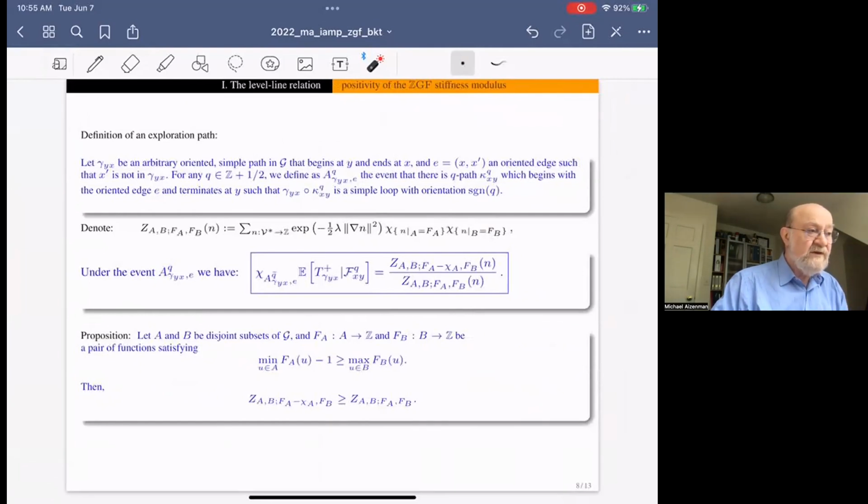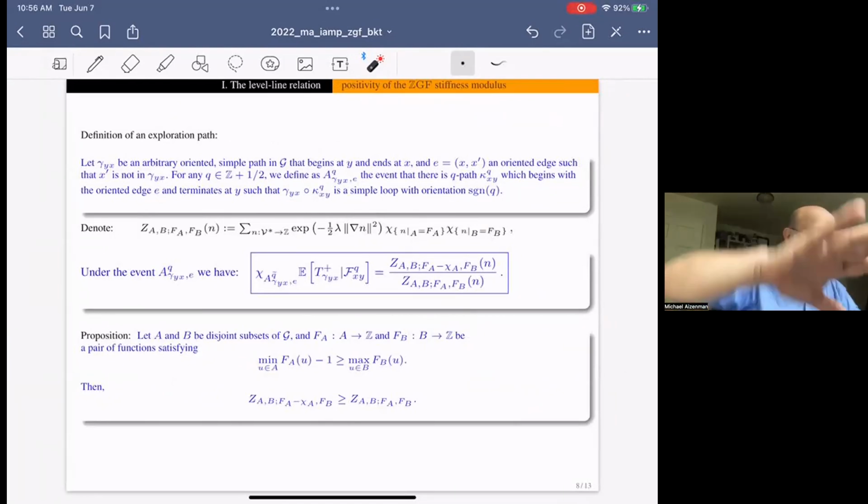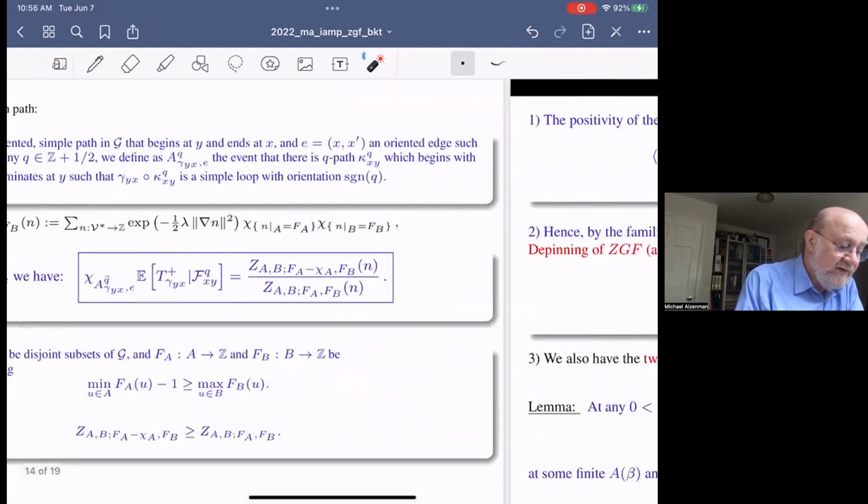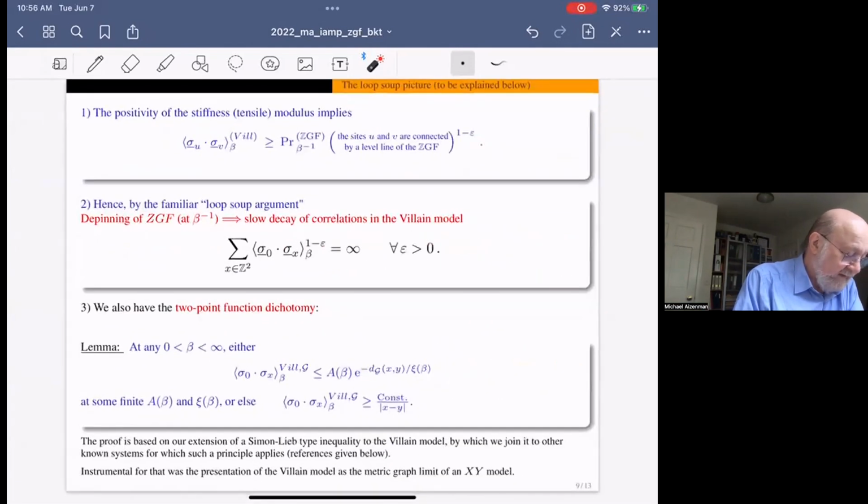The intuitive picture is that if you introduce a strain, that would actually welcome the other term T. The ratio of these partition functions is going to be greater than 1. Since time is running fast, I would not dwell on this. I hope that what I said intuitively conveys the picture.